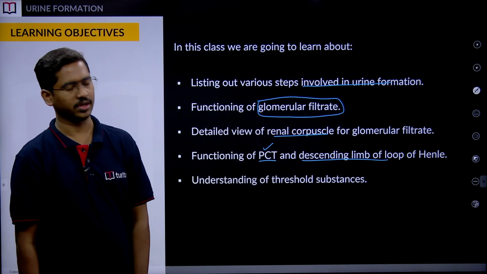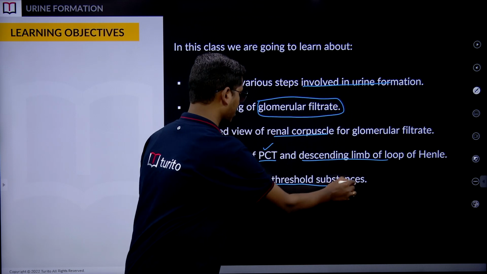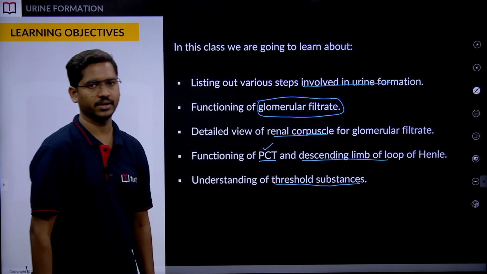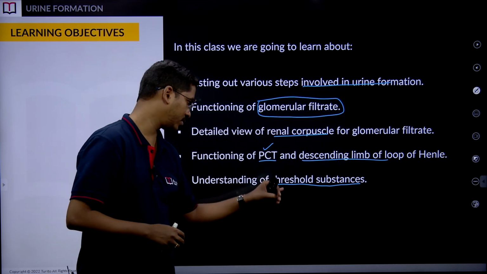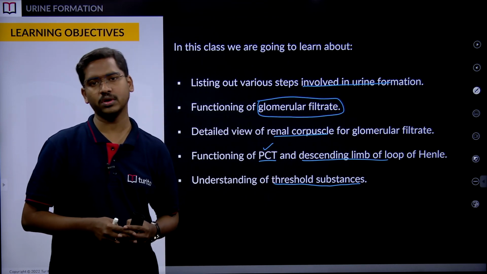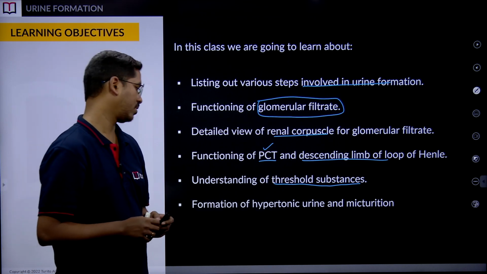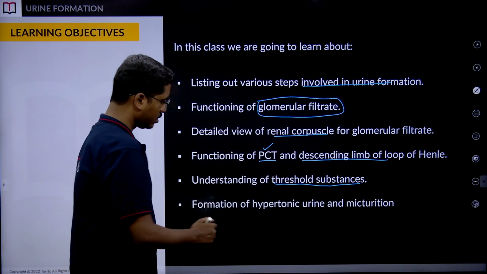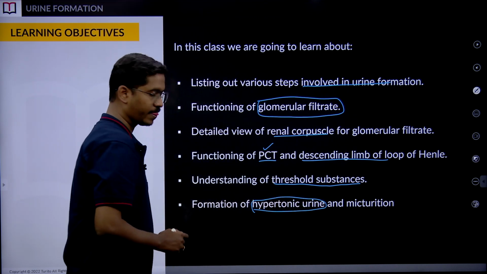Then we will look at the substances that are filtered. Which of the substances are filtered? We have a specific name for that, known as threshold substances, understood. We will look into them, following which we will understand the formation of the hypertonic urine.